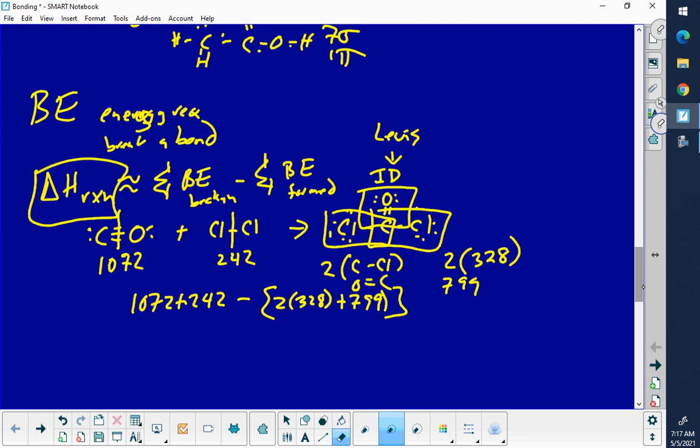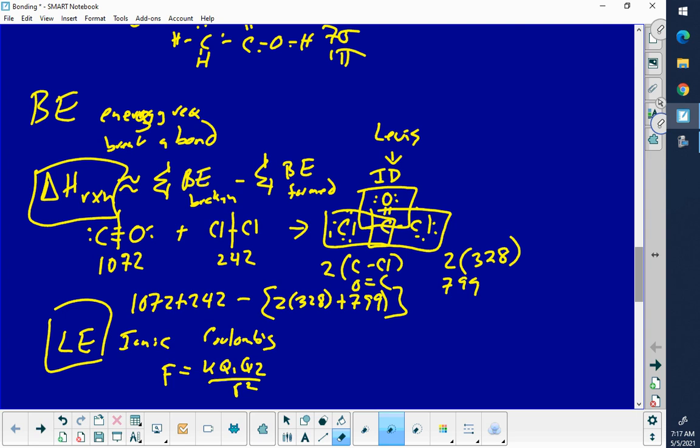And then finally, the last thing, lattice energy. Lattice energy is for my ionic compounds, and it's all about Coulomb's law, right? Remember, Coulomb's is F is equal to K Q1 Q2 over R squared. In the case of lattice energy, Q1 we can think of as our cation charge: positive 1, positive 2, positive 3, or really just 1, 2, or 3.